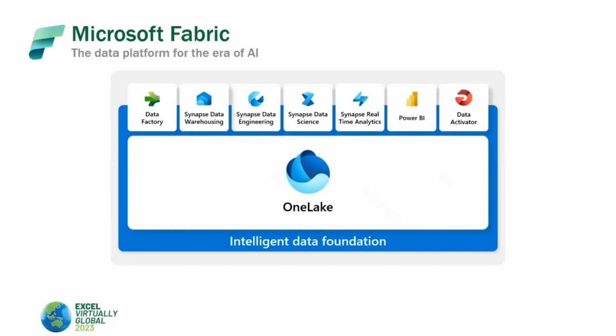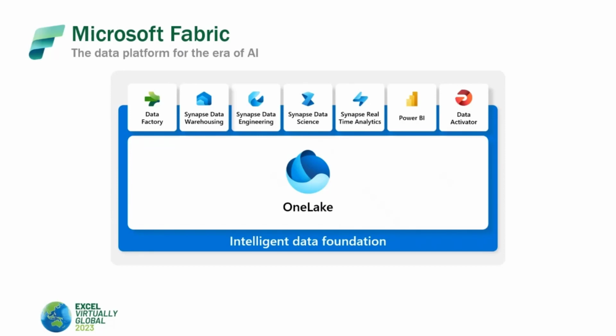So it includes data integration, data engineering, data warehousing, data science, real-time analytics, business intelligence, and even more, because with our latest announcement of Data Activator, it also provides a way to trigger actions based on some events in data.